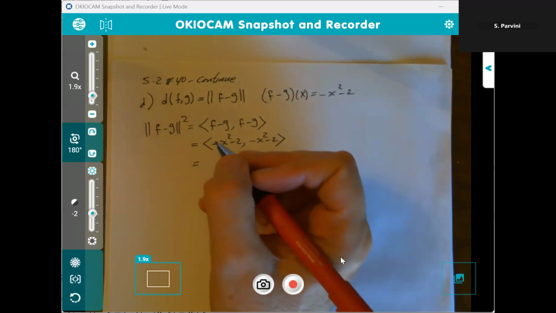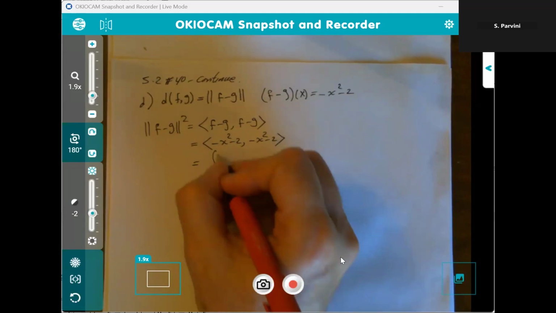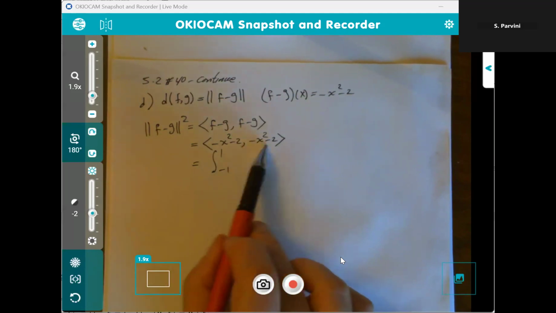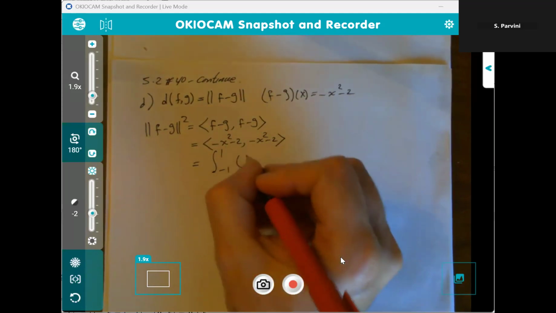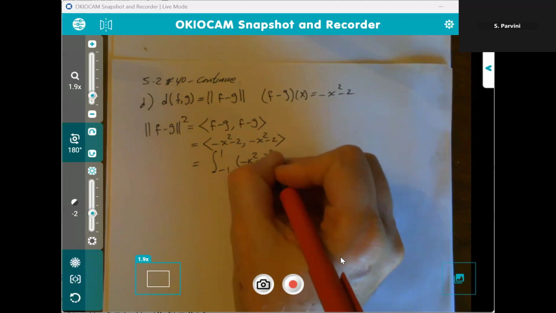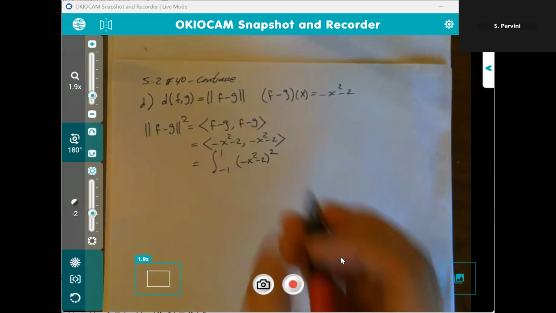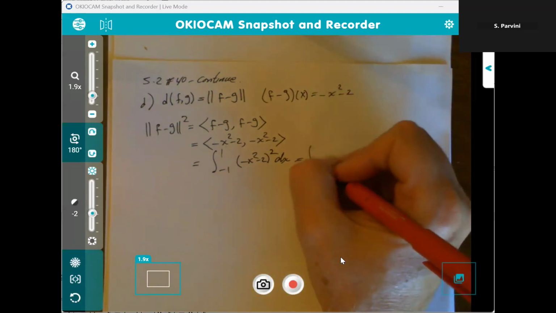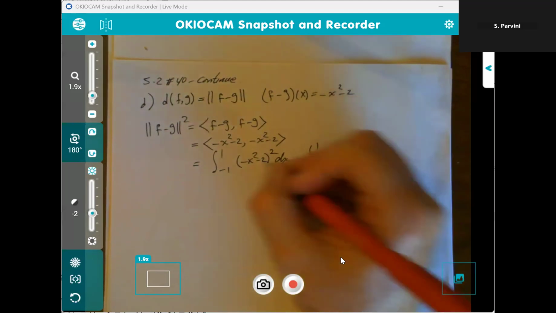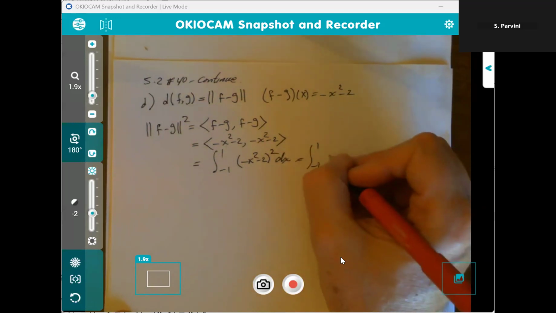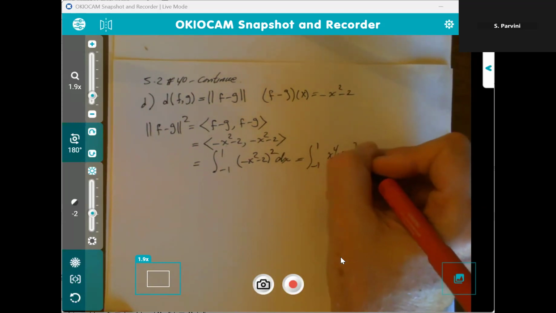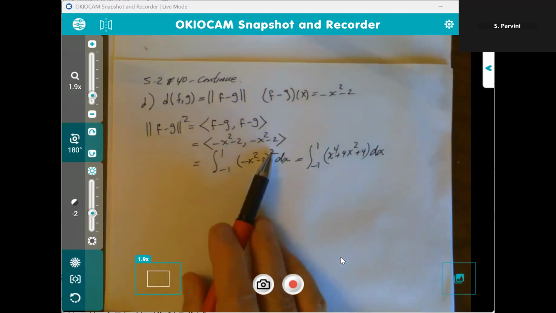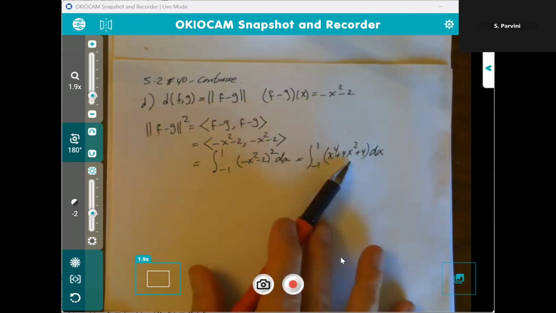By definition of inner product, that's the integral from negative 1 to 1 of negative x squared minus 2, squared, dx. Of course, you expand the binomial, and we get the integral from negative 1 to 1 of x to the fourth plus 4x squared plus 4 dx. You square the first, twice first by second, and second squared.